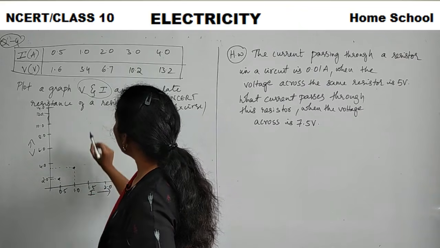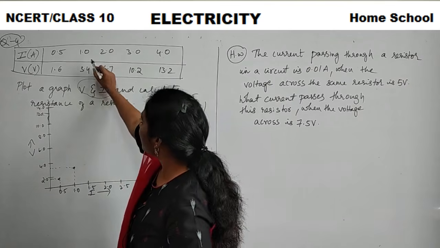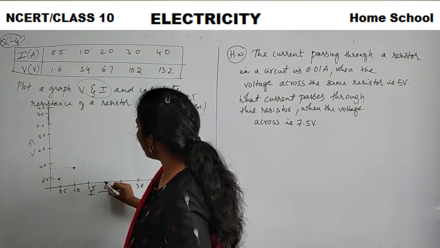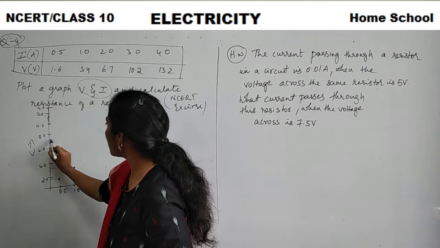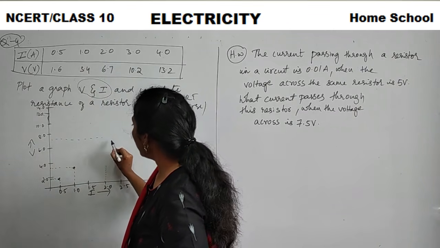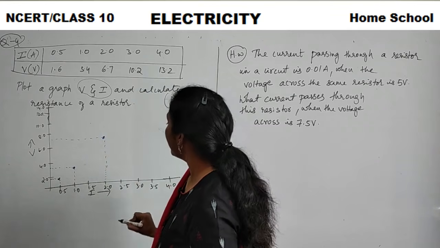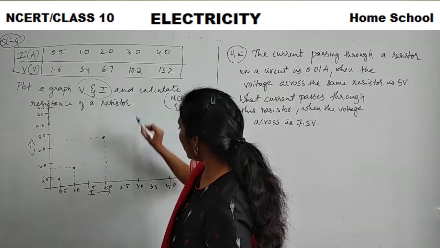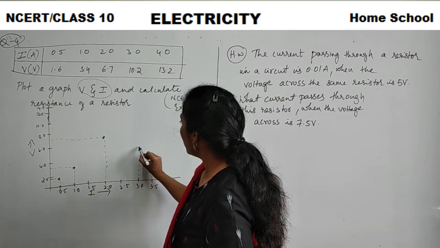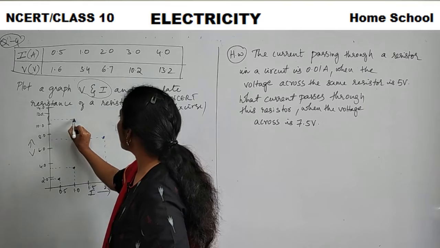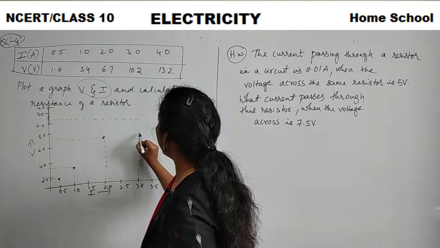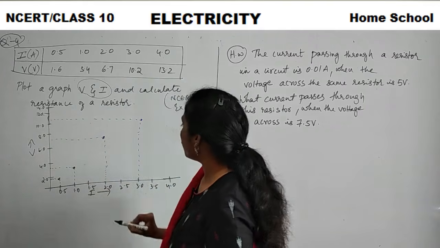And then next, when the I is 2.0, voltage is 6.7. So somewhere here we get a third point. Then 3.0, for 3.0, 10.2, right? So somewhere here we get a fourth point.